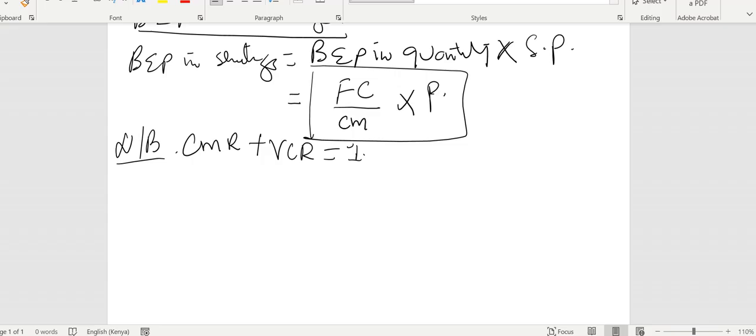Illustration 1. A firm produces and sells a given product at Kenya shillings 600. I hope you are writing to save time.